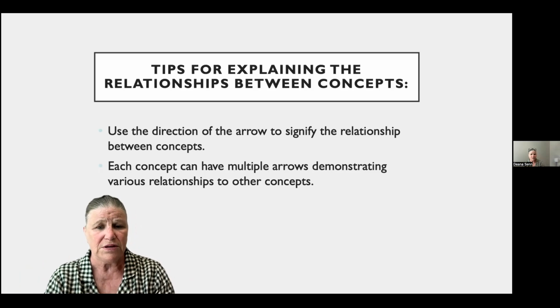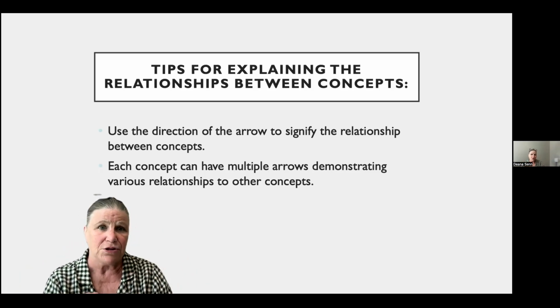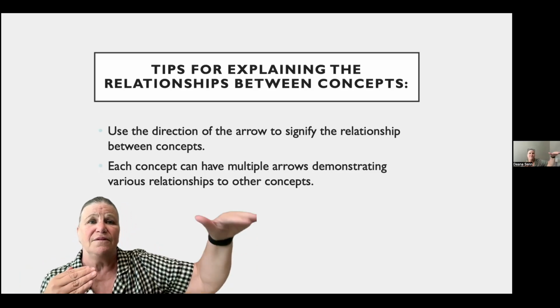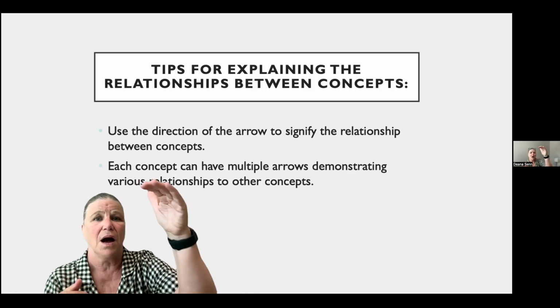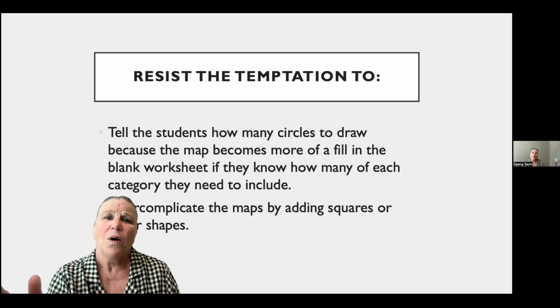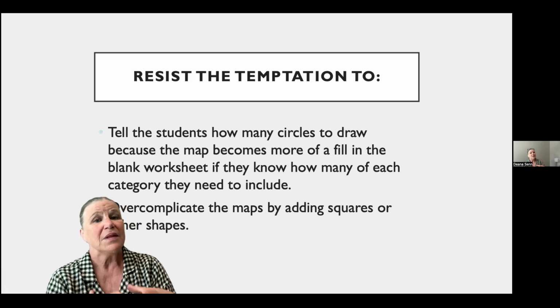So notice that what we did was we didn't lower the cognitive load by telling them how many circles. We gave them support to advance and have a higher cognitive load within this task. So let's think about what support you might need. One of the things I want to talk about is resisting the temptation. I know in the beginning you're going to want to tell the students how many circles to draw.